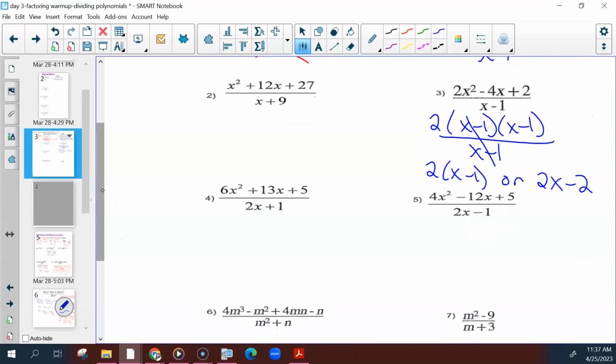Let's try 4. Does that one have a GCF? No. Anyone remember the next step if it doesn't have a GCF and it's not a basic trinomial like those were? Multiply 6 and 5. So we're looking for 2 numbers that multiply to be 30 and add to be 13.